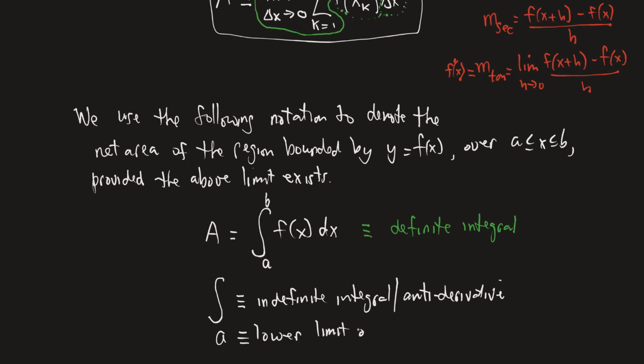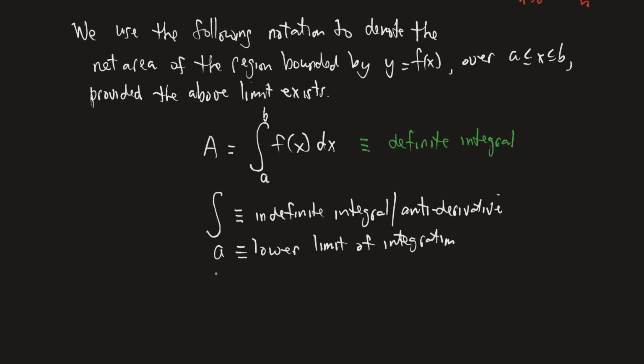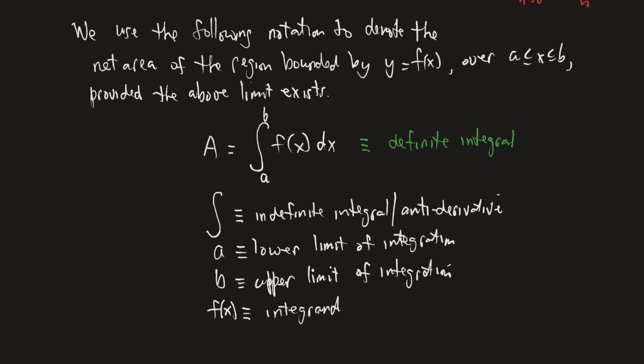So the lower limit of integration, and then by contrast, b is defined as the upper limit of integration. f of x, that's your integrand, so that's the fancy name for the function, integrand. And then finally the dx, that is your differential.